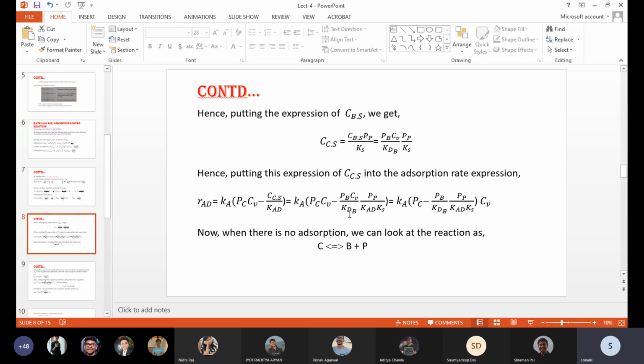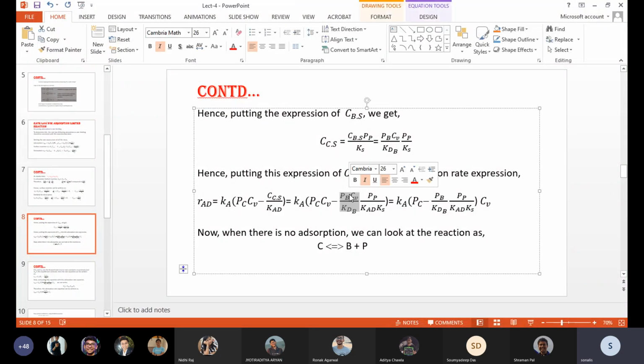So Kd of B, Kad is the adsorption equilibrium constant of C, cumene, and Ks is equal to Ka, Pc, Pb. This is just rearranged because we are taking out Cv. There are two places the Cv is there, here one and here one.